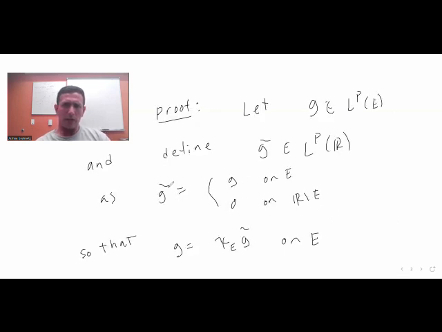And trivially, actually, the LP norm of G tilde on R is going to be the LP norm of G on E. That's kind of trivial because G tilde is 0 away from E. All right.